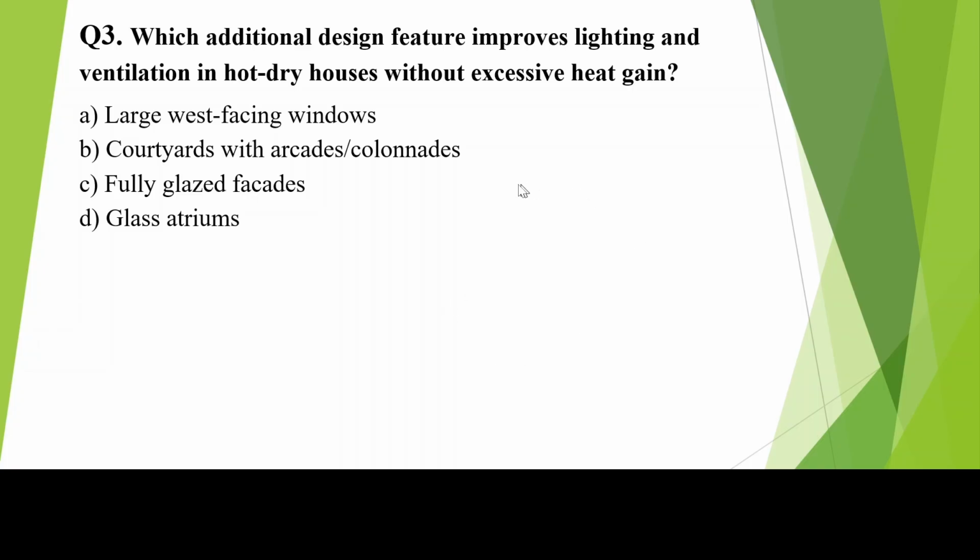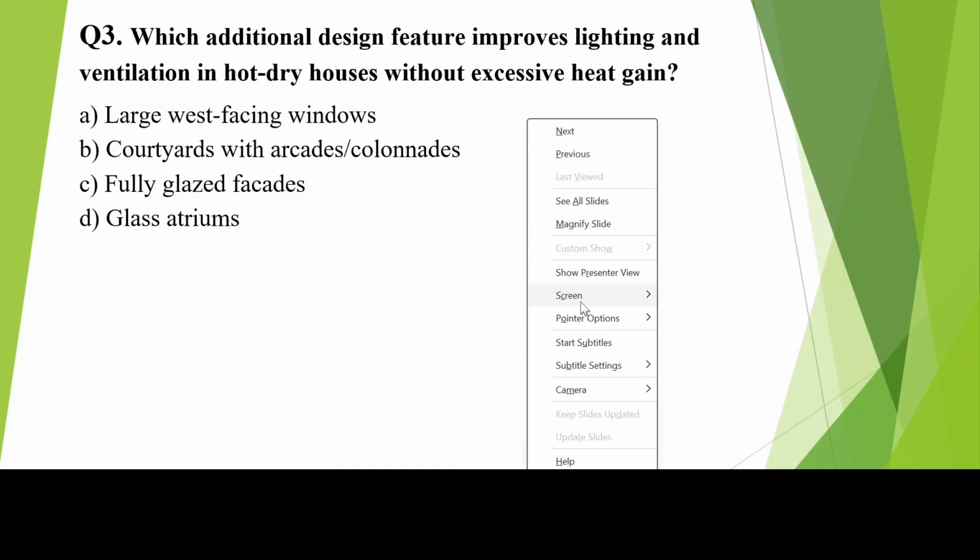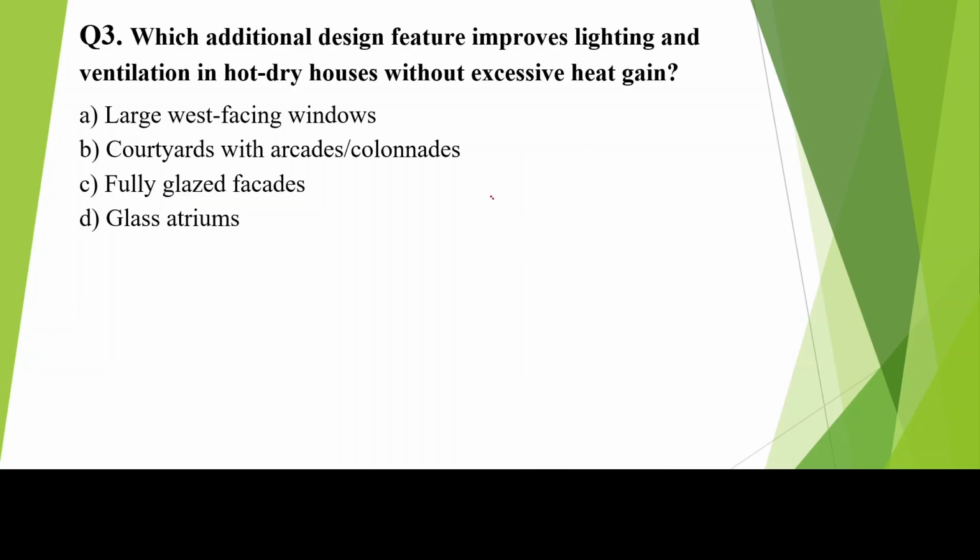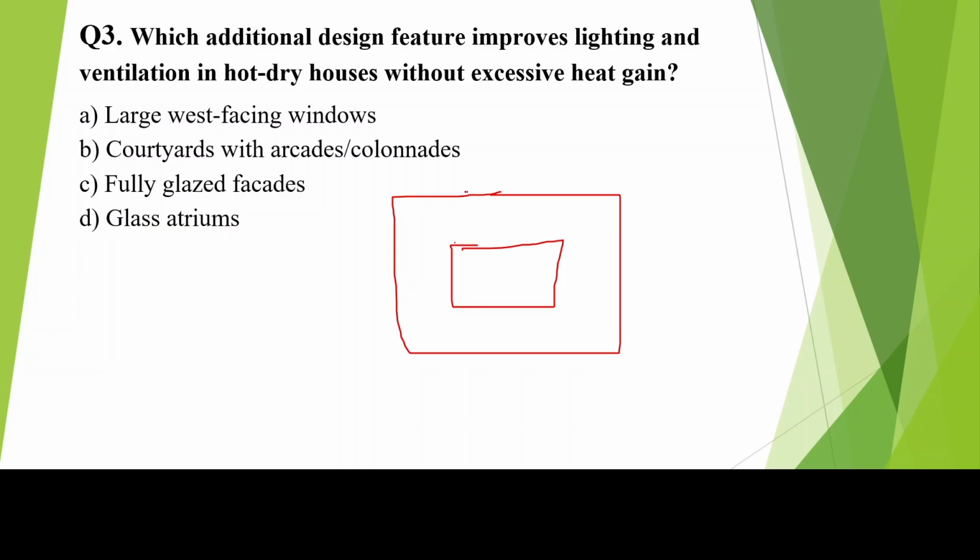As you all know, whenever you have one building facade with this courtyard type of building, this courtyard design will allow the solar radiation to come inside the vacant spaces in the middle of the building form, and from there the diffused light will pass through all sides of the building, which will help provide proper lighting inside the building.